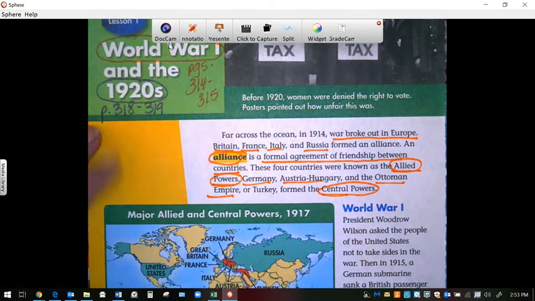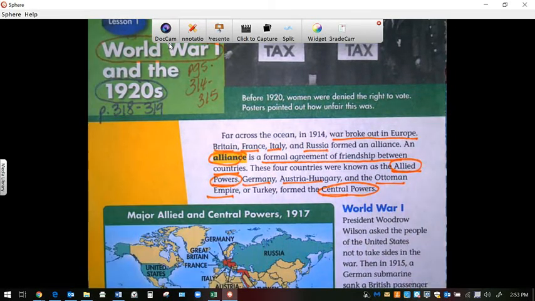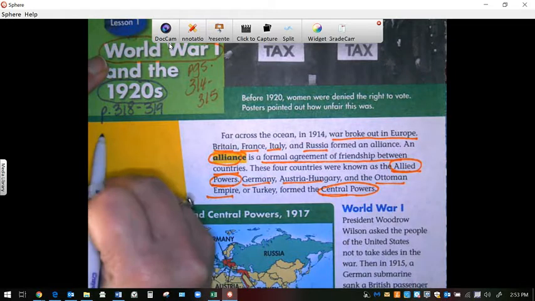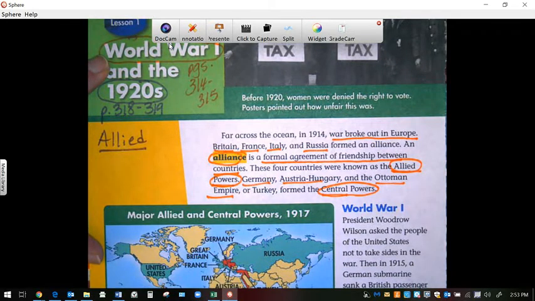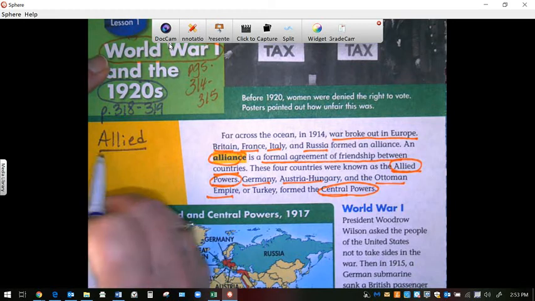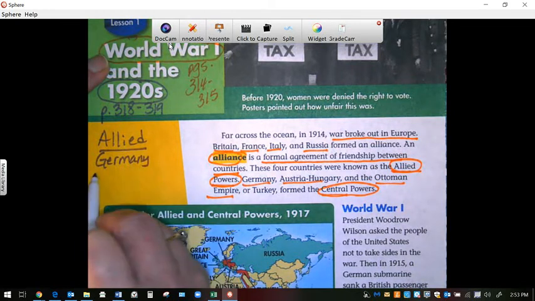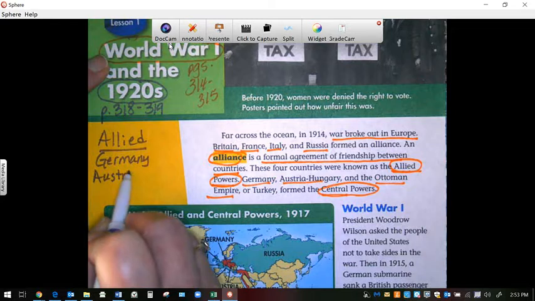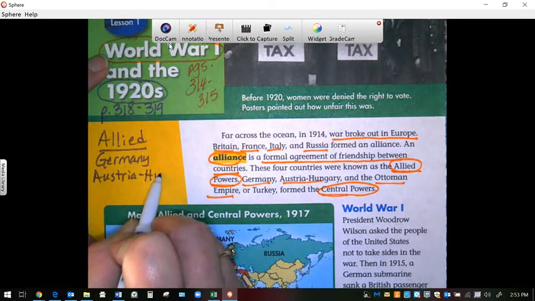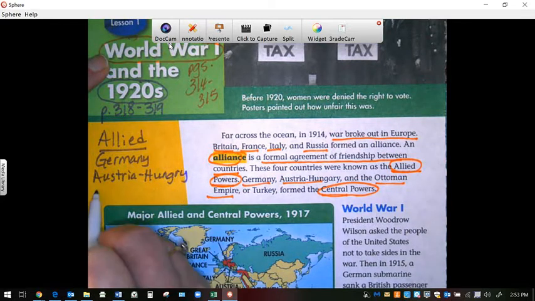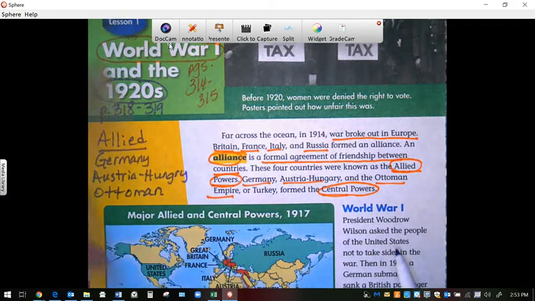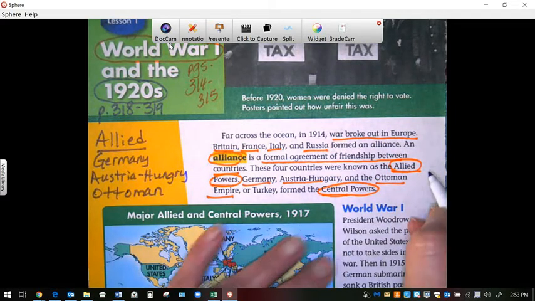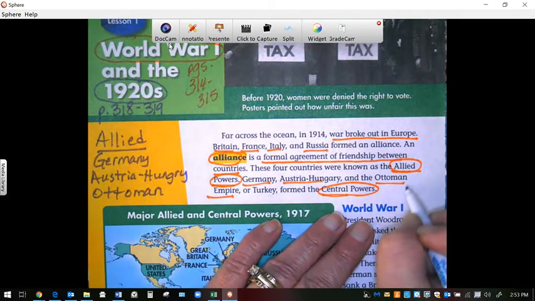types of powers, and I'm going to write these on the side. So the Allied were Germany, Austria, Hungary, and Ottoman. And then we talked about the Central. I'm going to try to squeeze this in here.